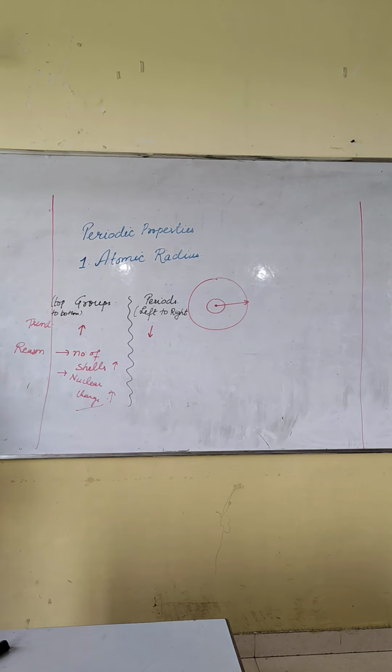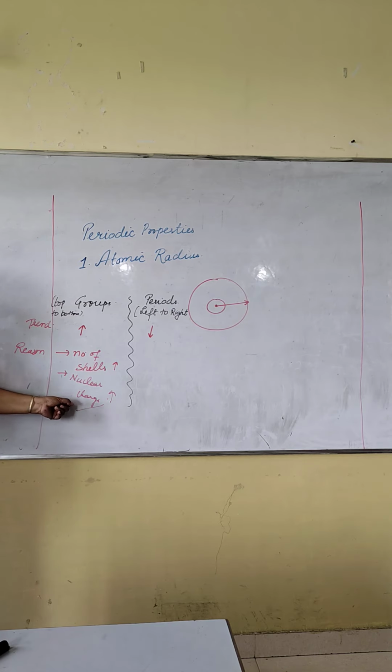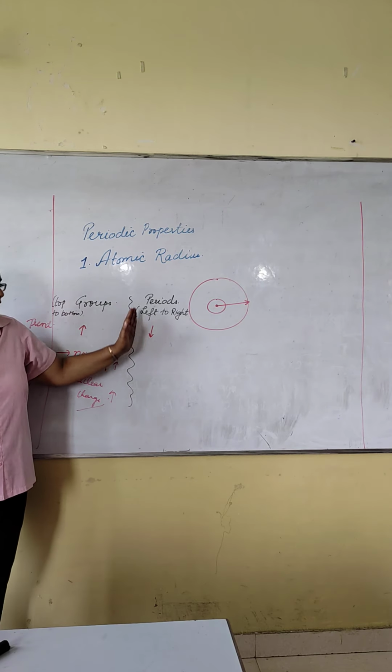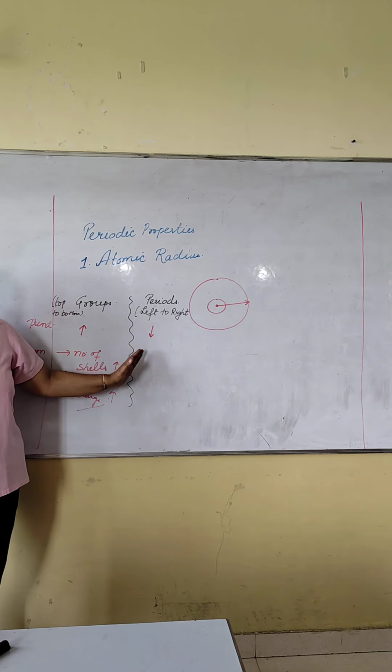If nuclear charge increases, it means the force of attraction of the nucleus on the last electron will also increase, so it must decrease the size. But the net effect is an increase in size, because the shell factor dominates over the nuclear charge factor. So in groups, atomic size will increase and in periods, atomic size will decrease.